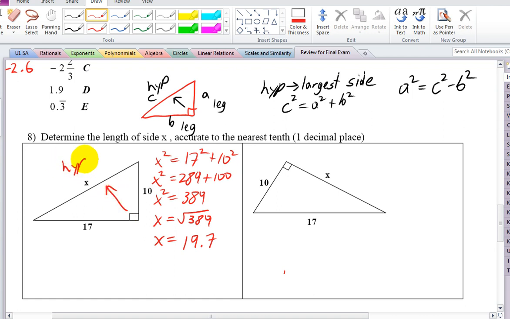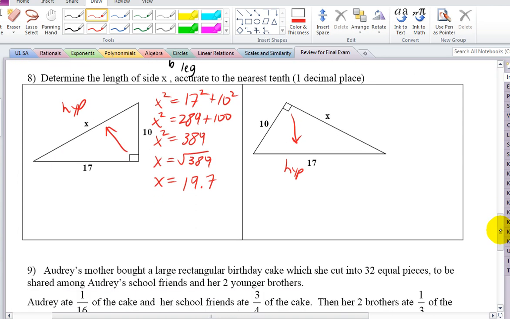The second example, you already know your hypotenuse. So don't add. You'd make something bigger than it. So we would subtract. Okay, so it's going to be 17 squared minus 10 squared.